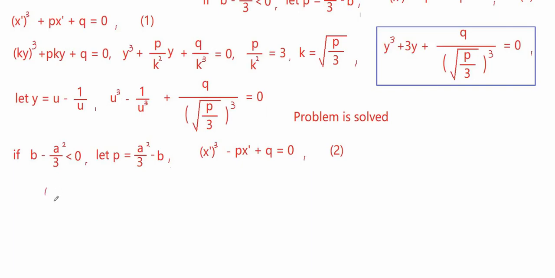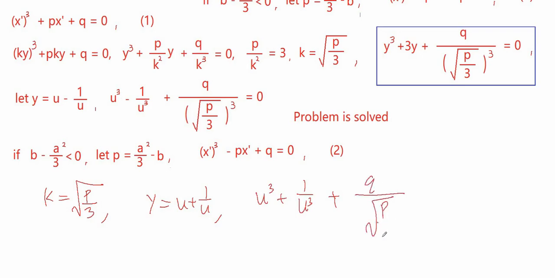K is still equal to root p divided by 3. But y will be u plus 1 divided by u, and the last equation will become u cube plus. So everything is the same. Only this is plus. The case 1 is minus.